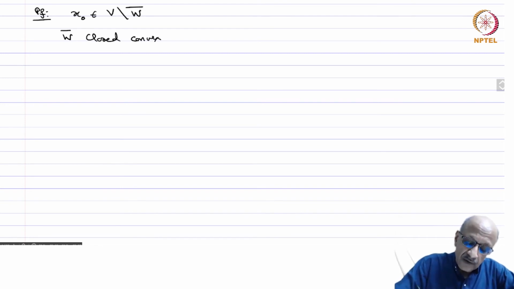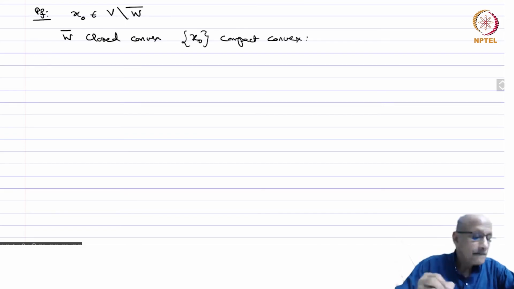And the singleton x naught is compact, and it's a singleton, so it is trivially convex. So there exists an f in V star.